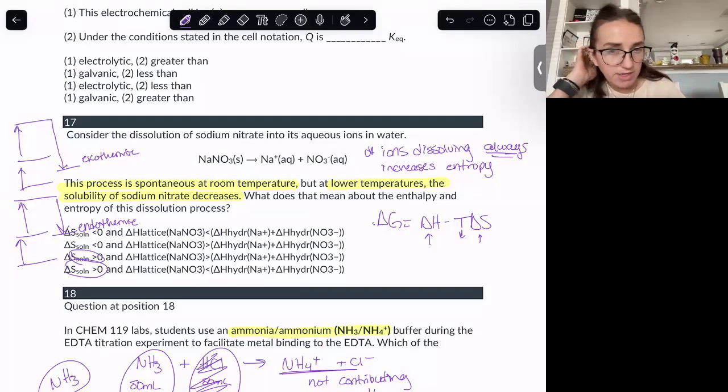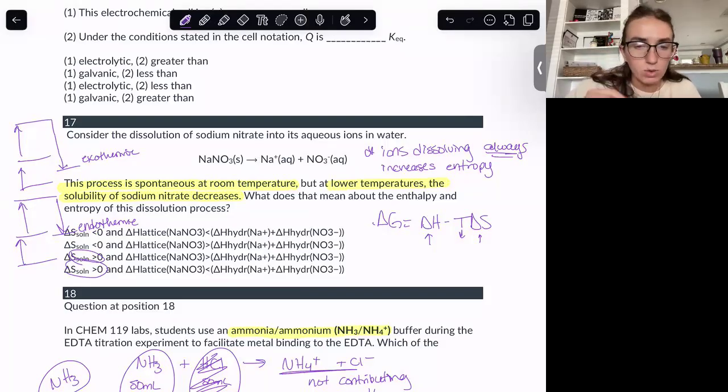when an unknown compound MX dissolves in water, the solution feels cool to the touch, and which of the following pairs of inequalities is correct for this process? Because it's cool to the touch, that means it's endothermic. And if it's endothermic, that means that the energy required to break our lattice is greater than the energy released when the ions that were broken in the lattice are dissolved in solution.